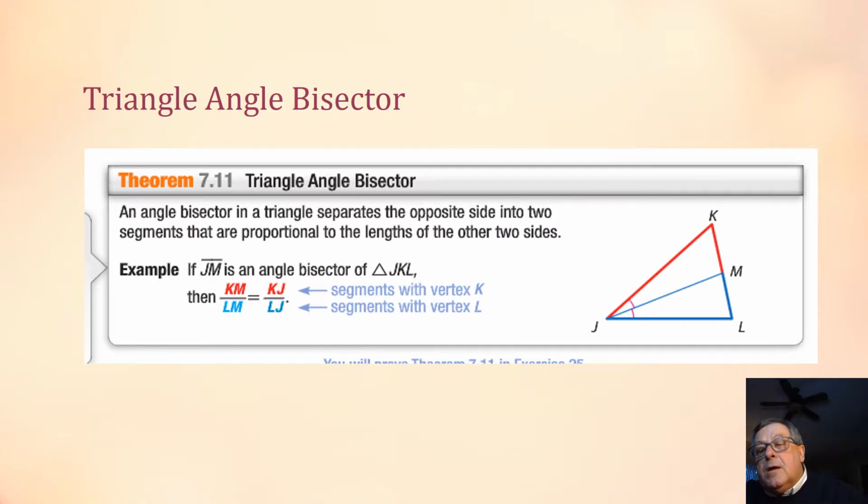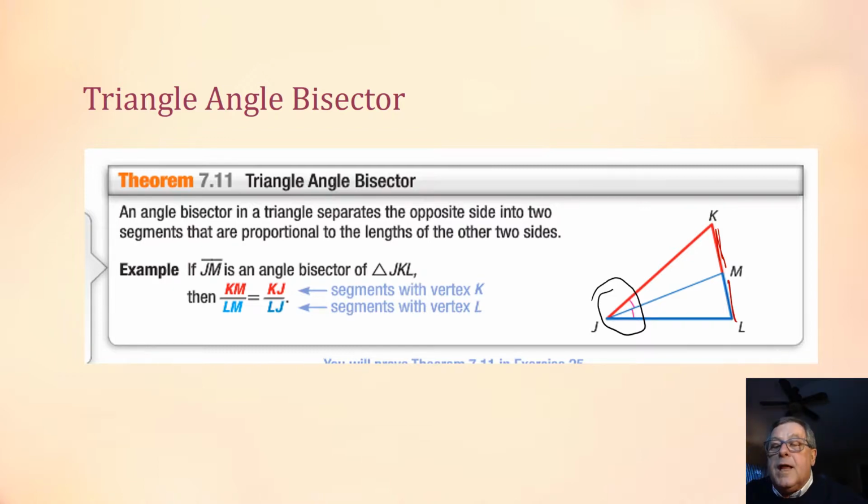So JM here is an angle bisector, and we can see that because we've got congruency indicated: the two angles that JM intersects are congruent. That being the case, we have proportionality between KM, this segment, and LM, this segment.